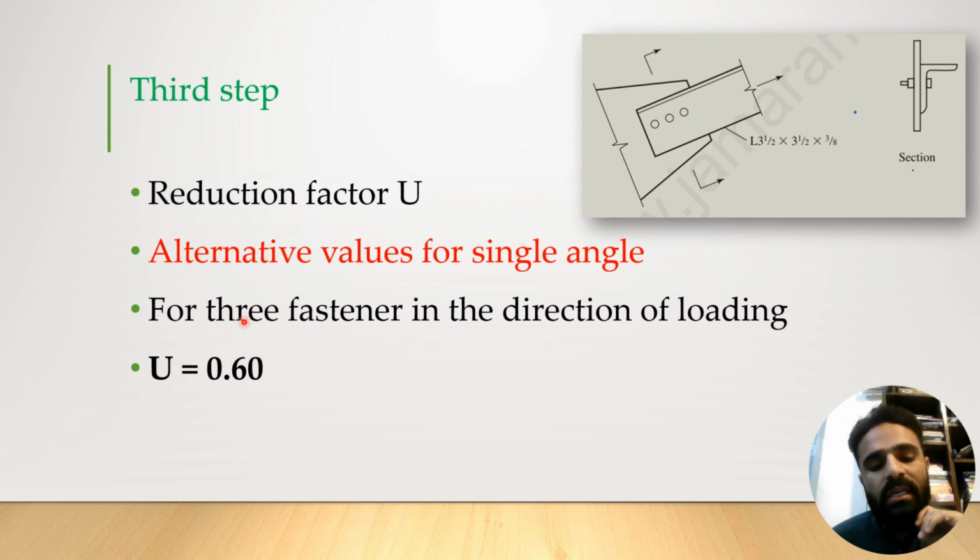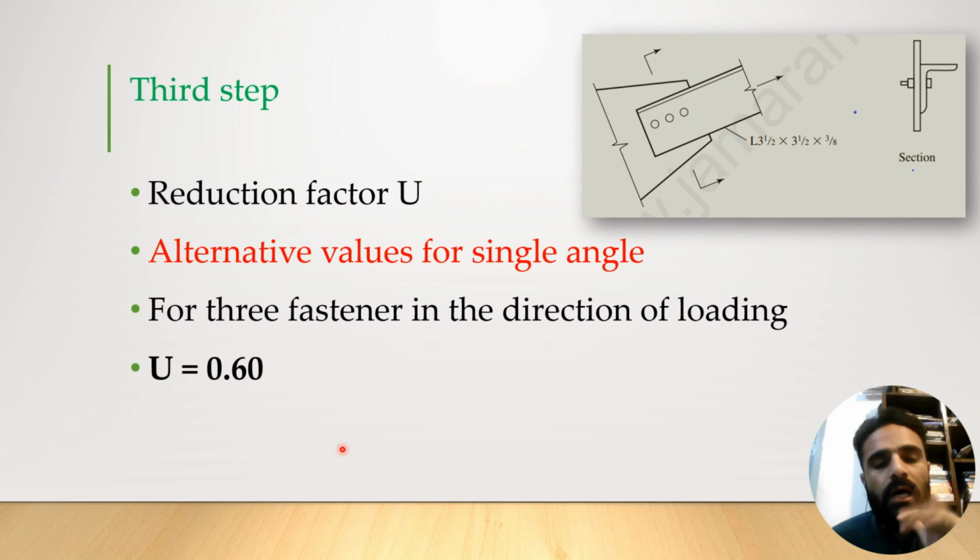If the number of fasteners in the direction of loading is more than 3, then the reduction factor will be 0.80. Remember this. So here we will use category 4 for finding the shear lag reduction factor. There are a total of 5 categories, which I discussed in earlier lectures also. So here we found the value of U, which is 0.60.